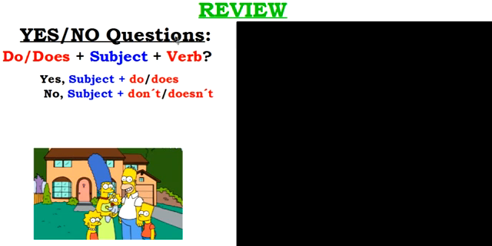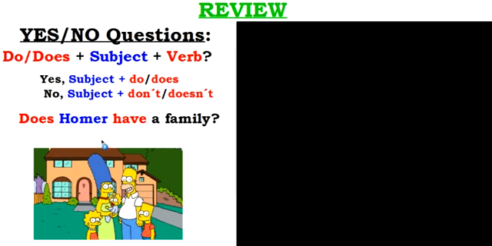Okay, to review, the yes/no questions use do and does for the auxiliary, then the subject, then the verb. And the answer, we say yes and the subject and do or does, and no, the subject, don't or doesn't. For example, does Homer have a family?